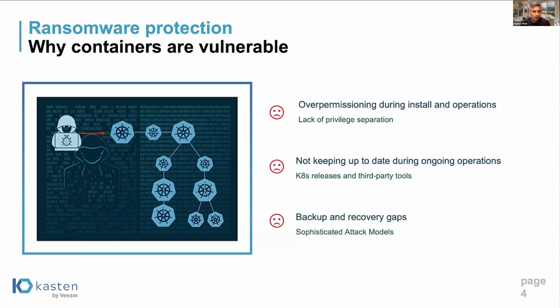And then third, it always surprises me that even with all of this known, backup turns out to be a last line of defense, but many applications are not protected by a backup policy. In fact, many enterprises don't have a Kubernetes backup and recovery solution in place.